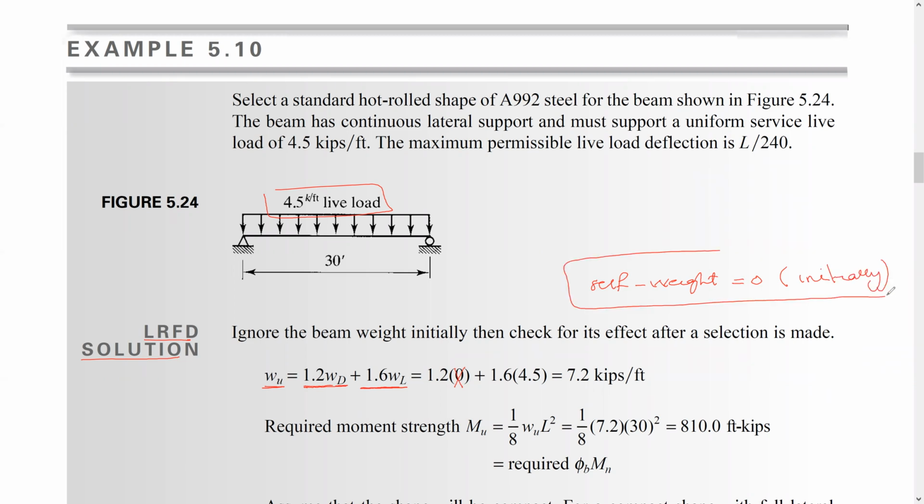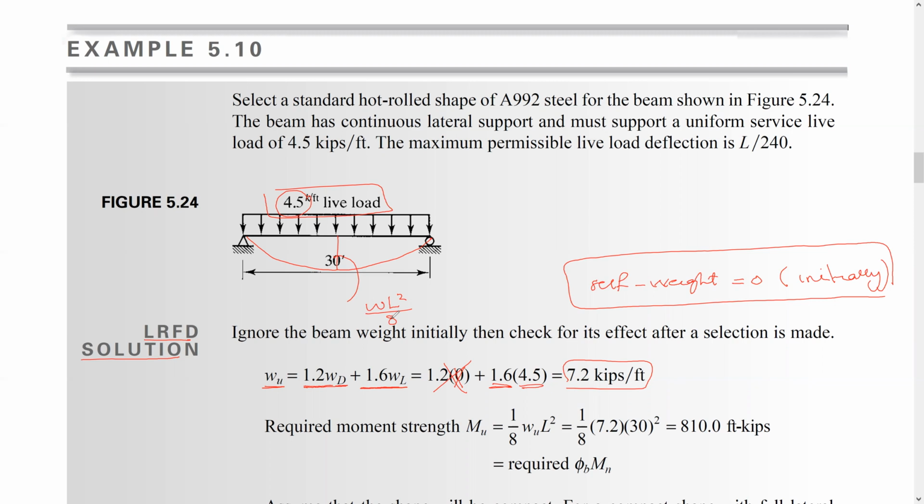And once we select a cross section, we will get back and verify our assumption here. So this one will be 1.6 times 4.5 kip per foot here, and this one here is 7.2 kips per foot. And you know here the maximum moment for a simply supported beam is W L squared over 8.